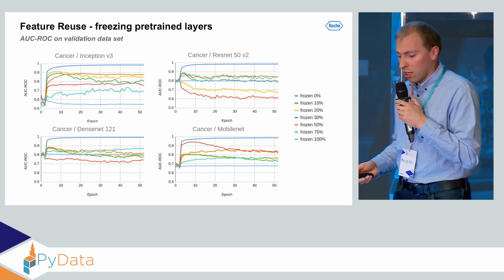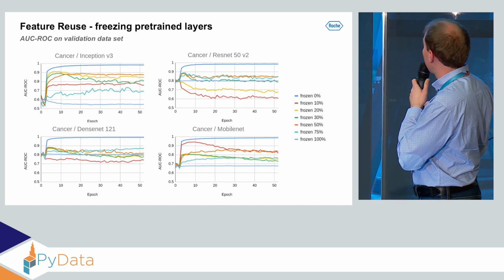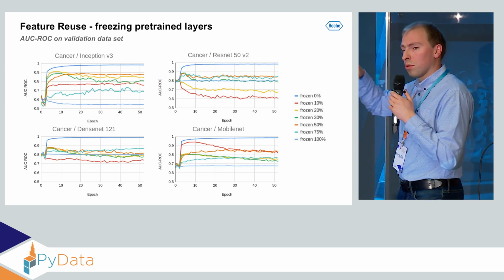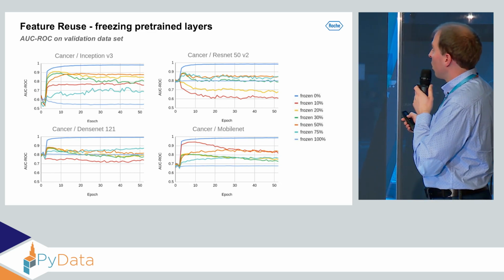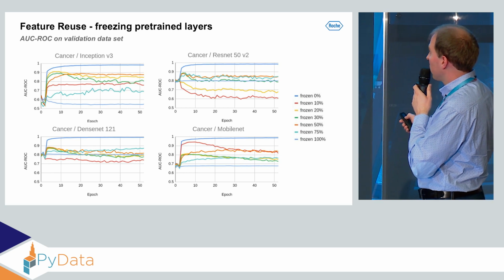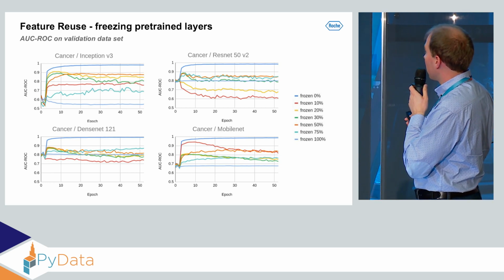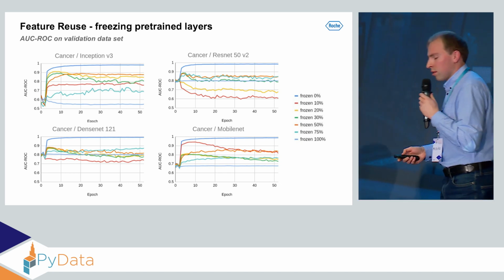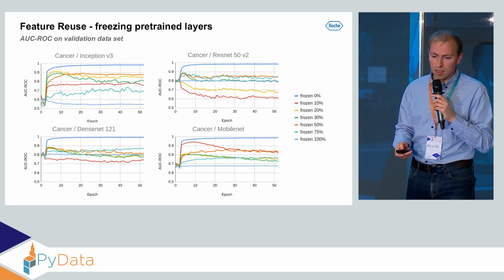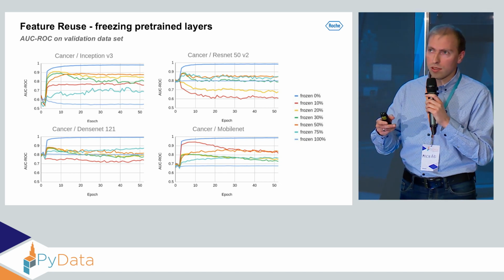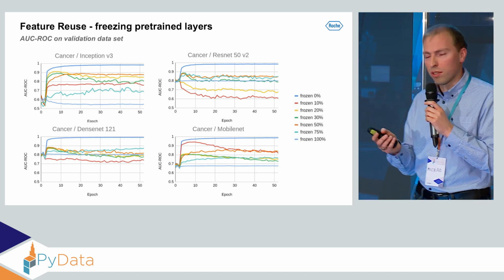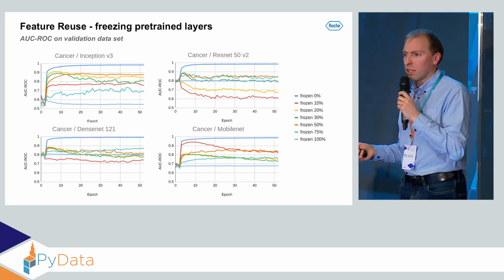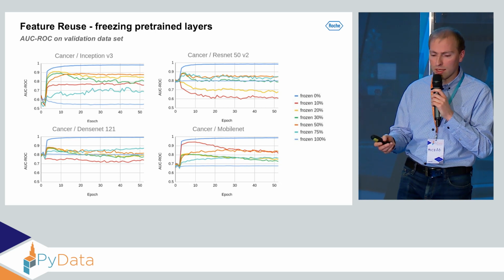Interestingly, even if we freeze 10% of the layers that are closest to the network input, we immediately see quite a large decrease in model performance. So that actually suggests that even the most basic features, those meant to be the most generic ones, cannot be directly reused in our healthcare settings.